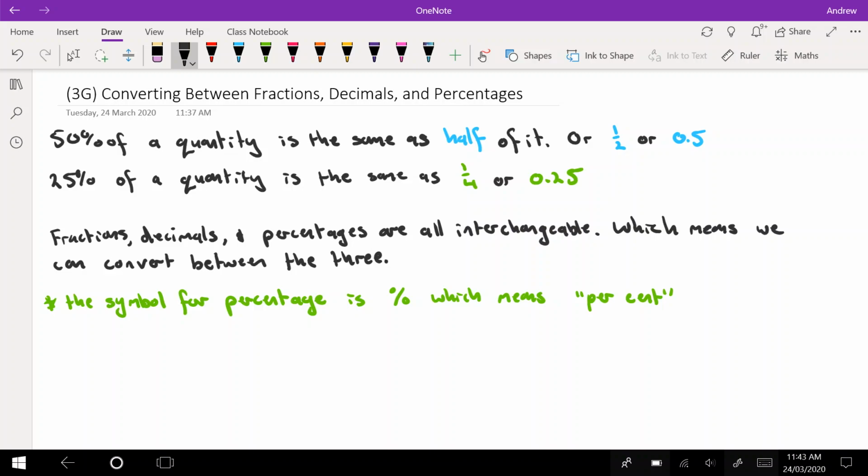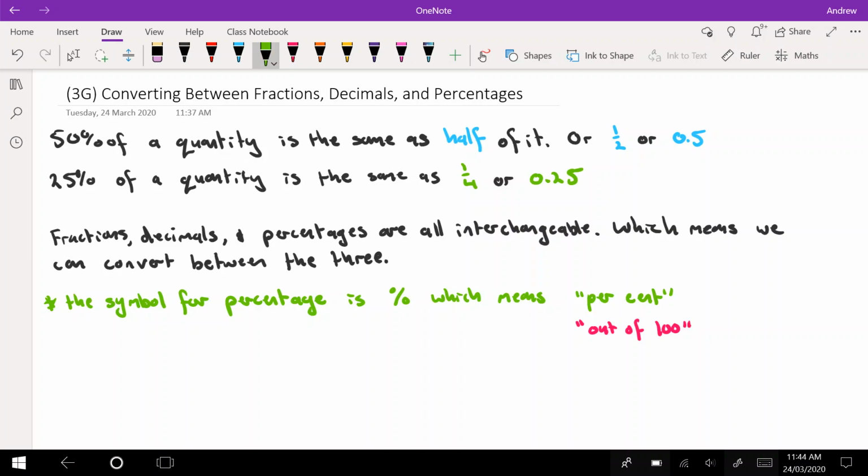Percent is a Latin phrase. And it translates roughly to out of 100. So that's why our percentages are out of 100. So 23%, that would be 23 out of 100. 14%, 14 out of 100, and so on and so on.